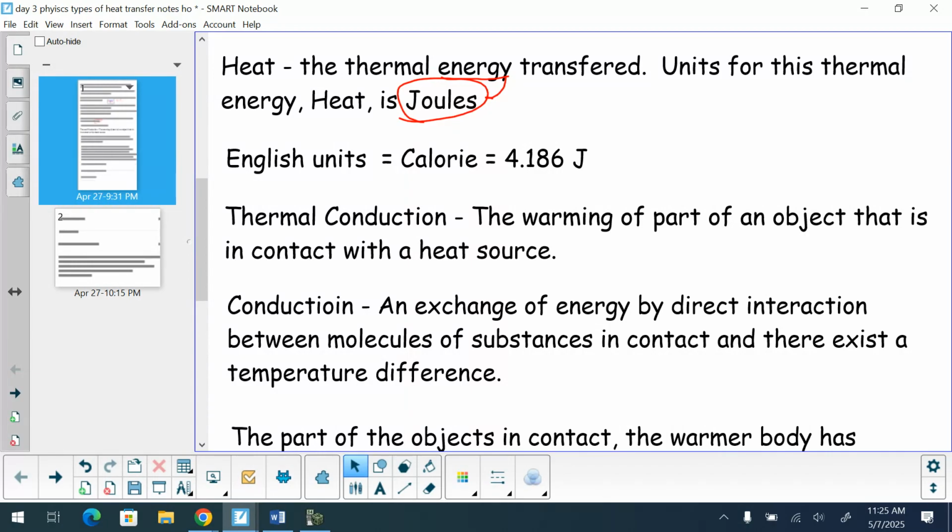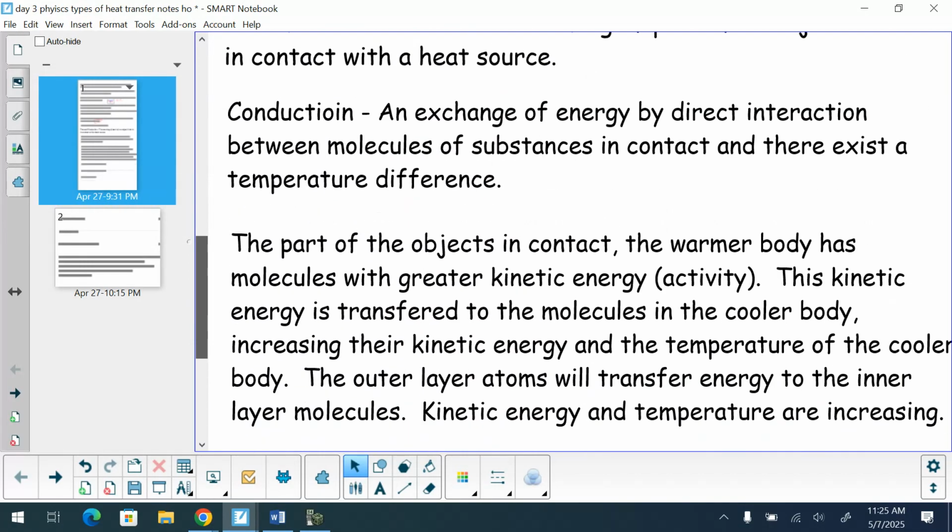If you put it on your ankle, your ankle will get cold, but your pinky's not going to get cold. So when you have conduction, you have direct contact between the objects, but the object where you have the contact is going to change.